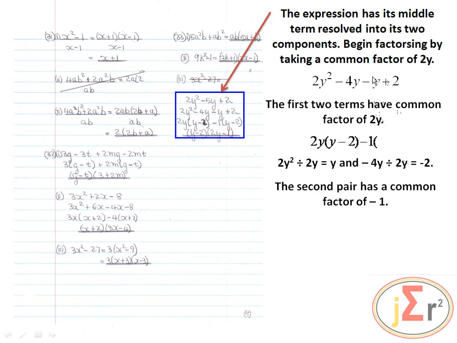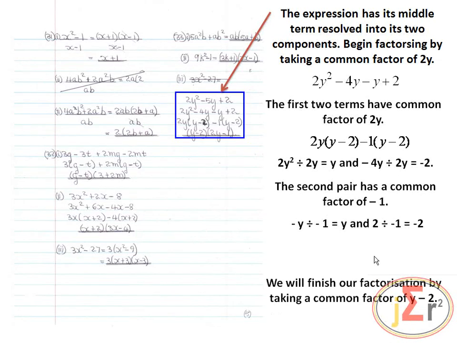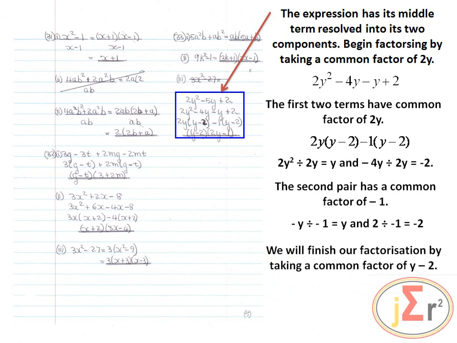So we will have a y and we will have a 2. Negative y divided by negative 1, negative divided by negative is positive, positive y. 2 divided by negative 1 is equal to negative 2. So we have now our common factor of y minus 2.